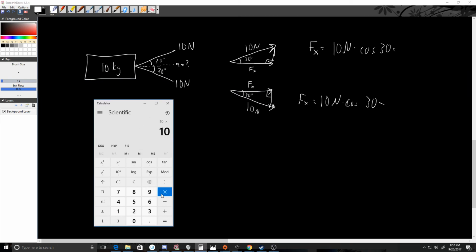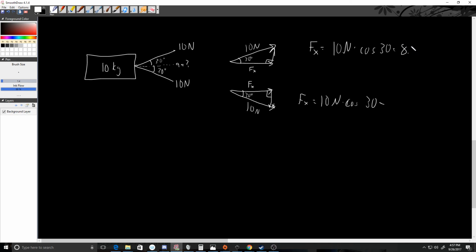Let's go 30 cosine times 10. All right, so each of these will have a force in the x direction of 8.7, 8.7. Together, when I add these in the x direction, I should get a total net force of 17.4 newtons.